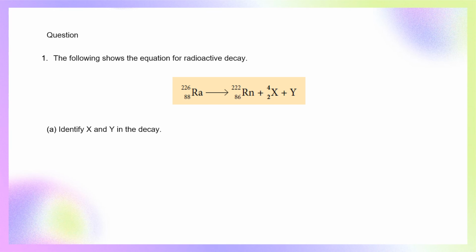So, let's answer the question. Let's think first. Okay, the answer is: X is the helium nucleus, or you can say alpha particle, and Y is a gamma ray. This is the answer for question number 1.